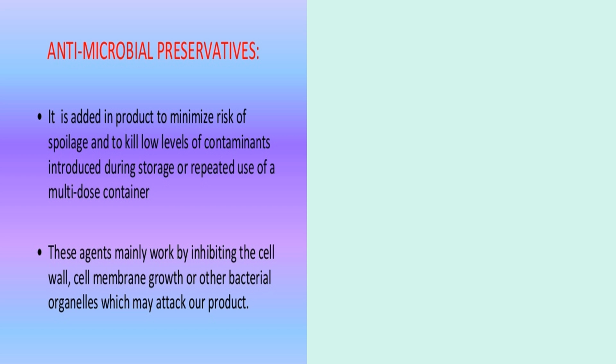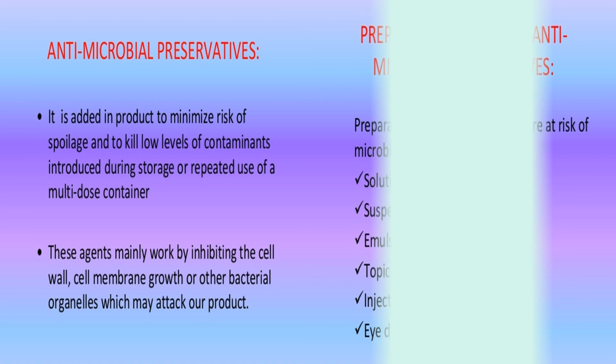So there are chances of contamination. To prevent that, and to keep the contaminants at a lower level, these antimicrobial preservatives are added to your preparations. These agents mainly work by inhibiting the cell wall, cell membrane, or growth of bacterial organisms which may attack your product. This is the mechanism of action of your antimicrobial agents.